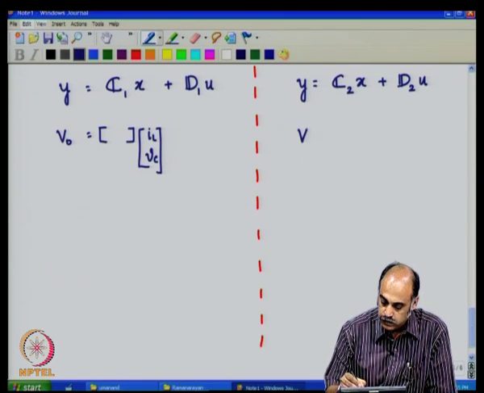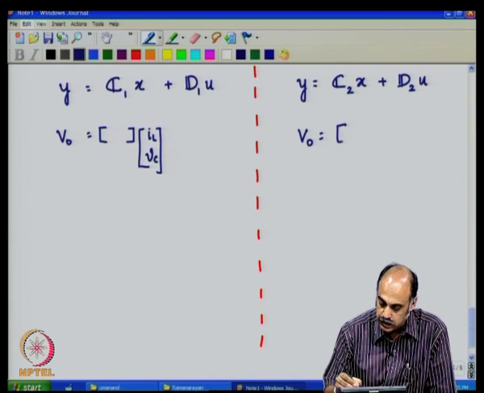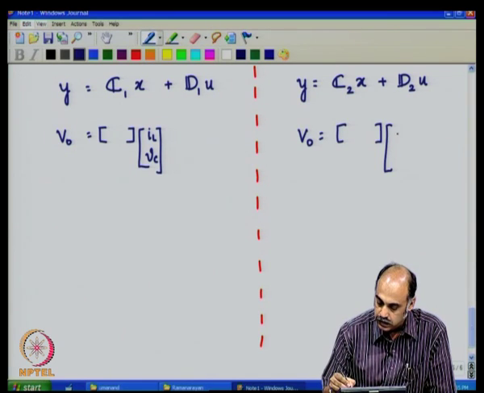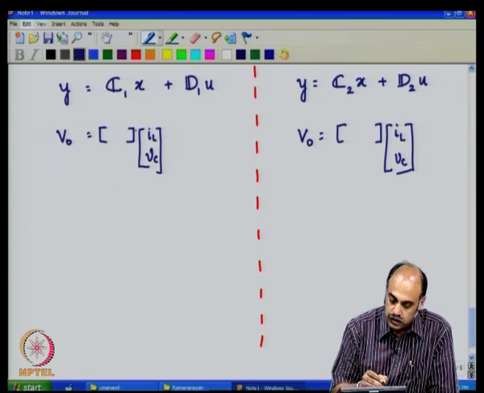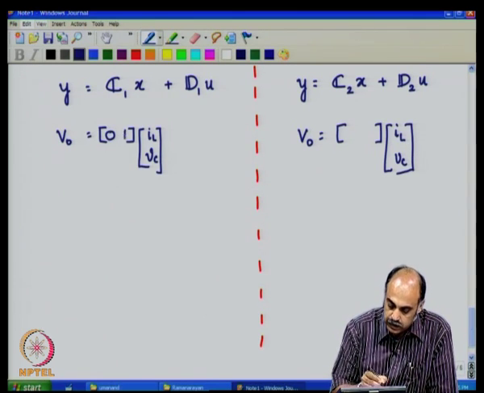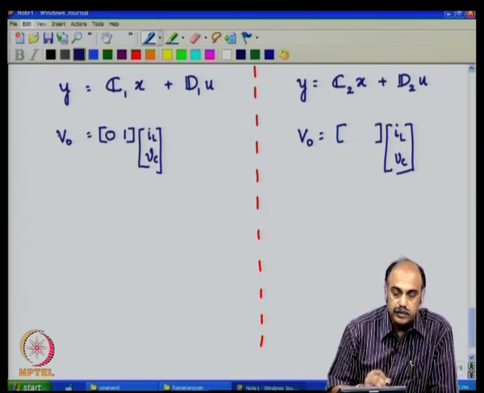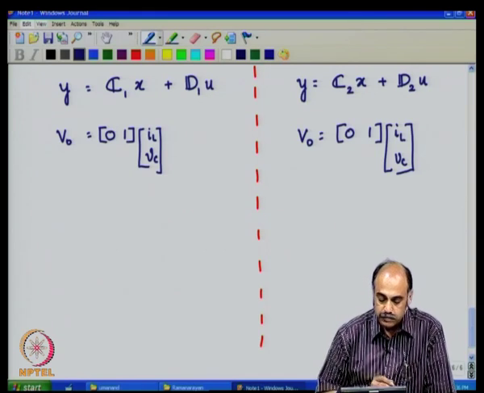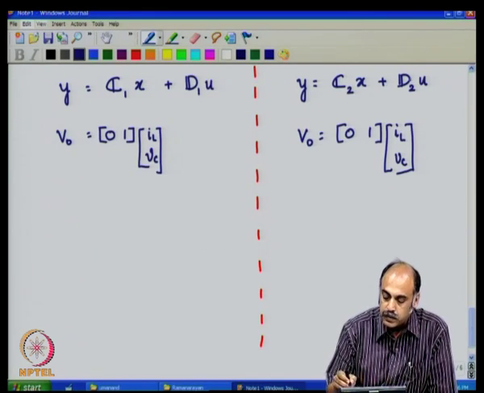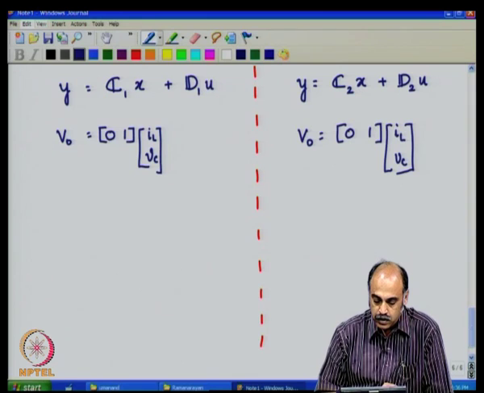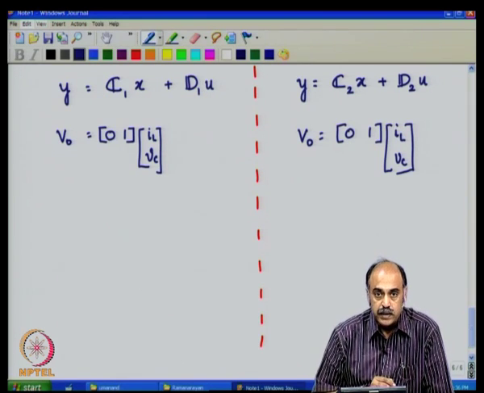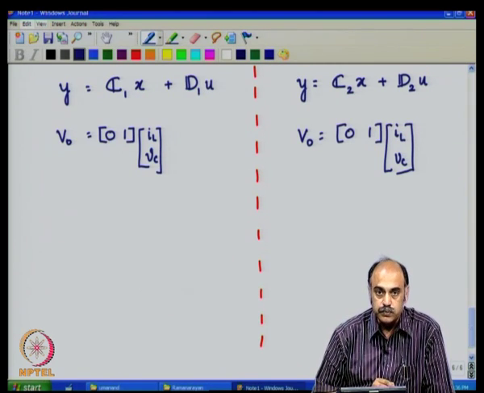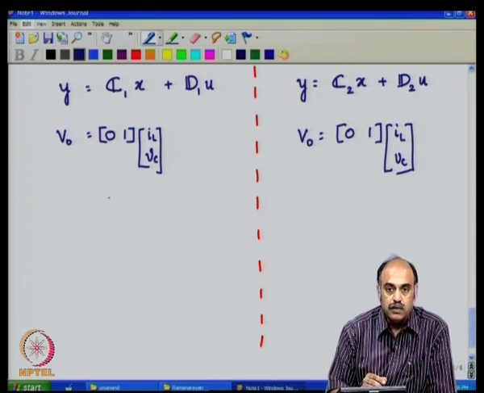And here too we have V naught, which is equal to the C matrix and the state IL, Vc. So, this is nothing but 0 and 1, because Vc is directly coming to the output. 0 and 1 both are the same, but still we denote it by these two output equations. Now, how do we combine these two into a single common model?